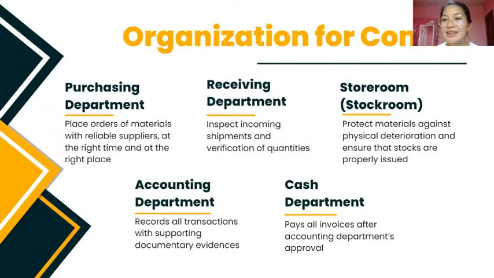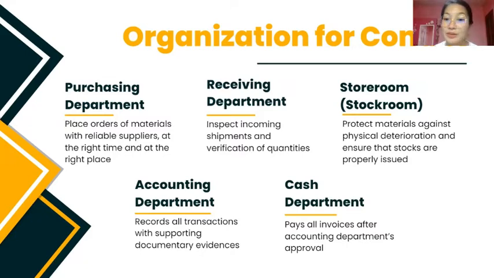And then our storeroom or our stock room, so they protect materials against physical deterioration and ensure that stocks are properly issued. So for example, if kailangan i-freeze ang material, the stock room people will make sure that those items are handled properly.